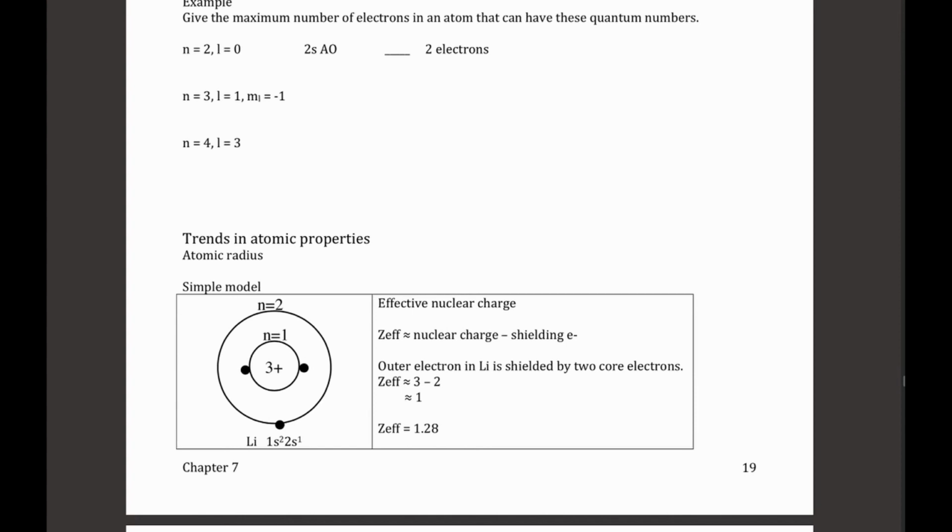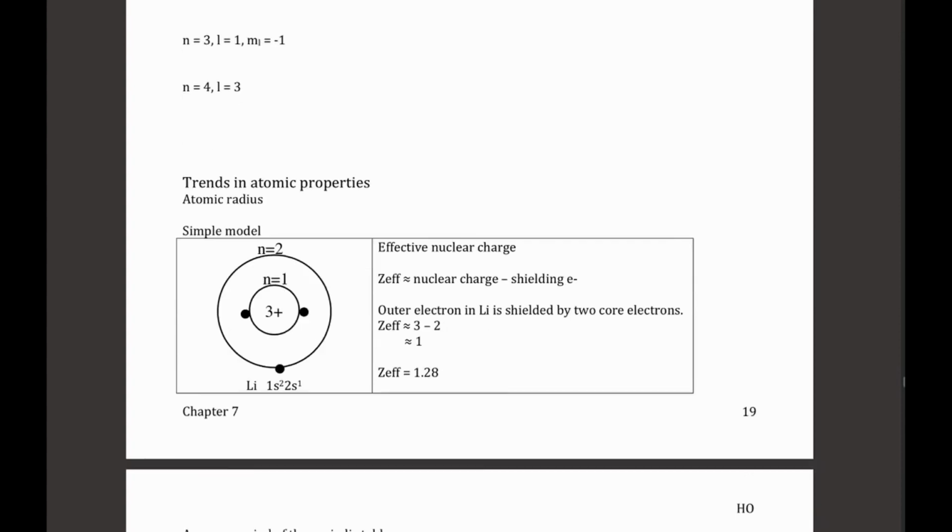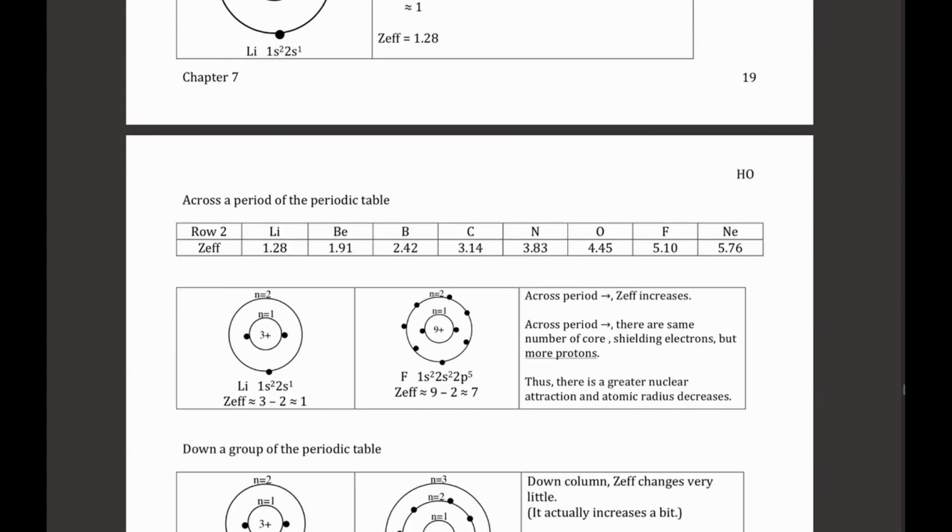So there's the nuclear charge of 3, there's 2 shielding electrons, so Z effective is roughly 1, the Z effective that the outermost electron feels. In a better calculation, it turns out to be 1.28, so not too much different.